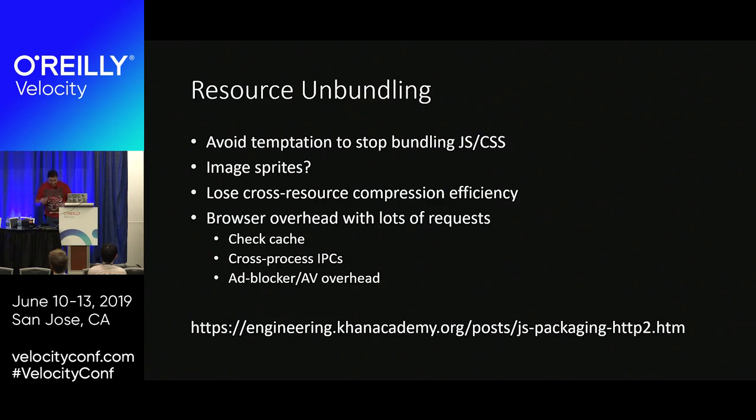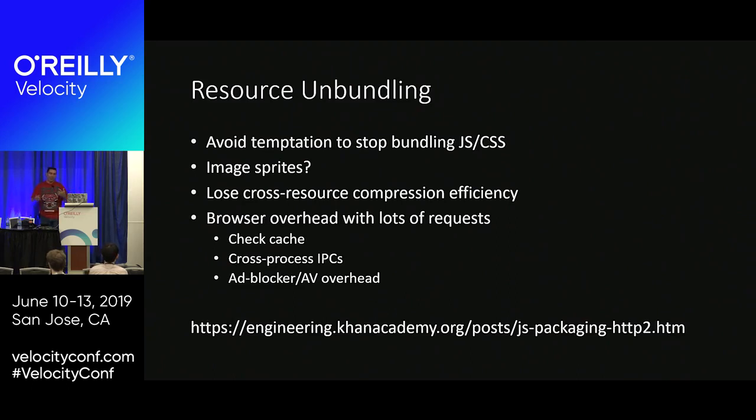Unfortunately, the real world introduced itself. With the JavaScript files, when you break them up, you no longer have a shared dictionary across them, so they don't compress as well. Each one compresses separately, so you get much less compression. And it turns out the browsers, Chrome in particular, do not deal well with lots of small requests.